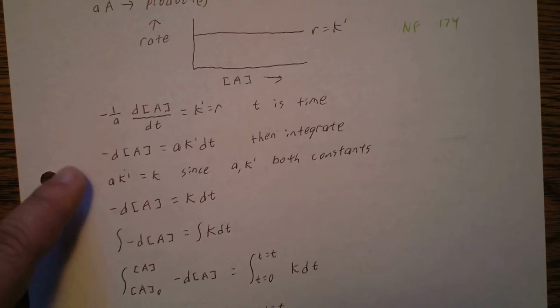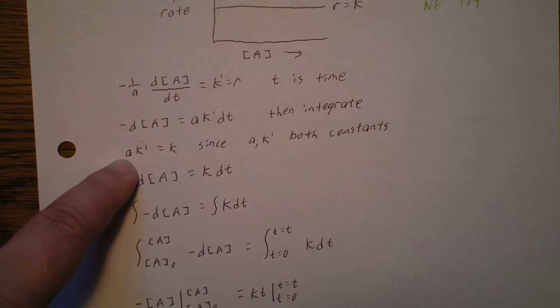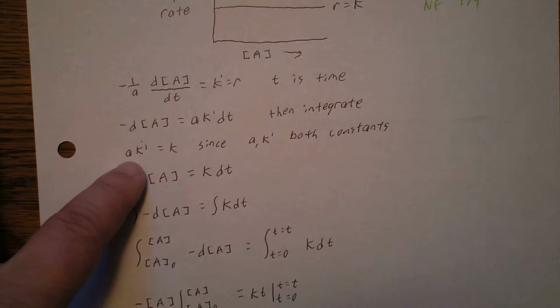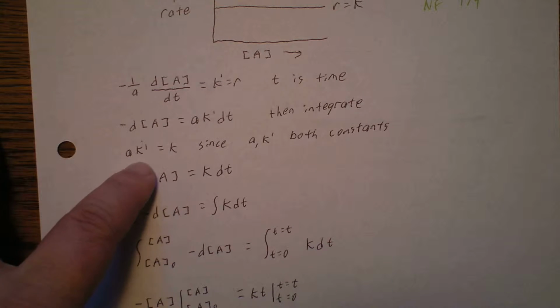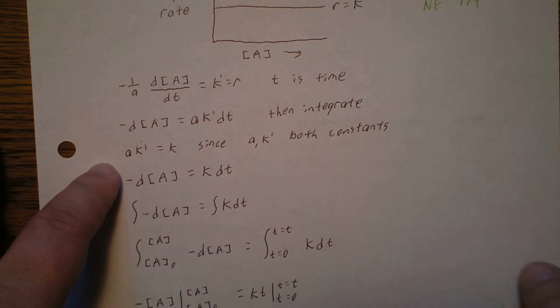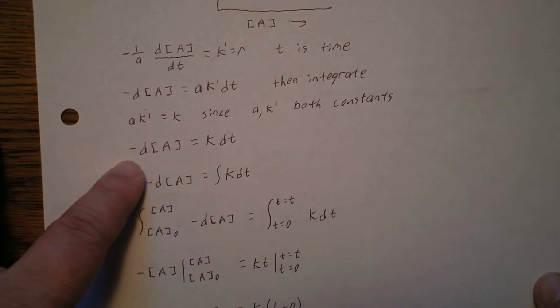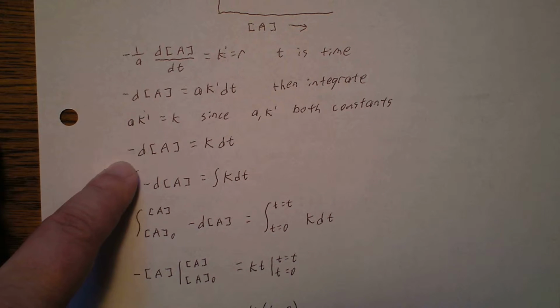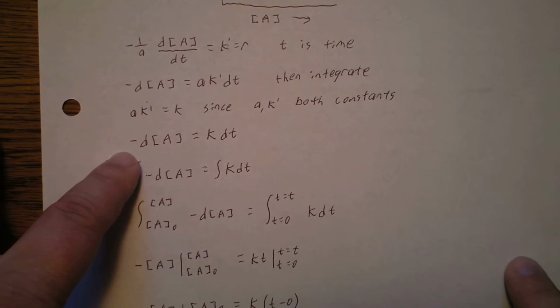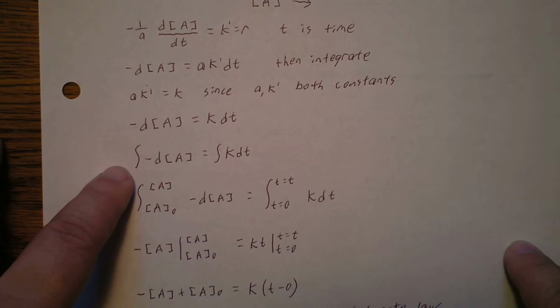Now we can integrate that. We're going to say a times K prime is equal to K, since a and K prime are both constants. So we get minus the differential of the concentration of A is equal to K times the differential of time.